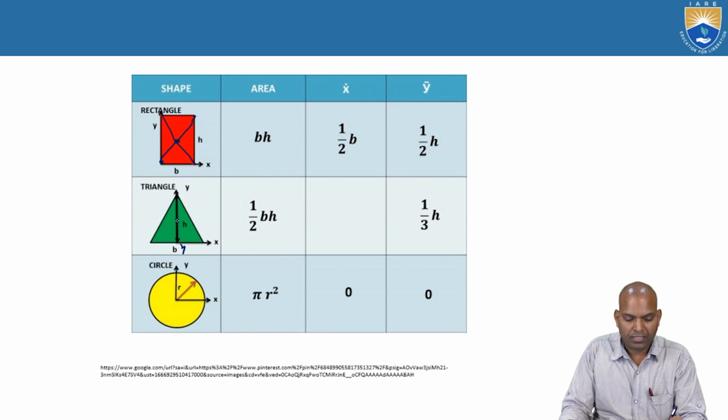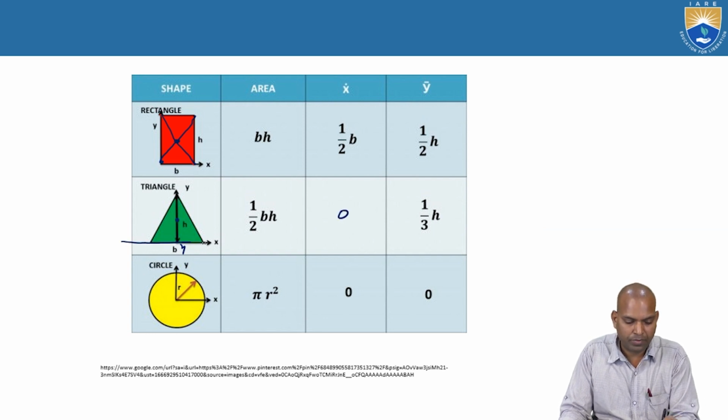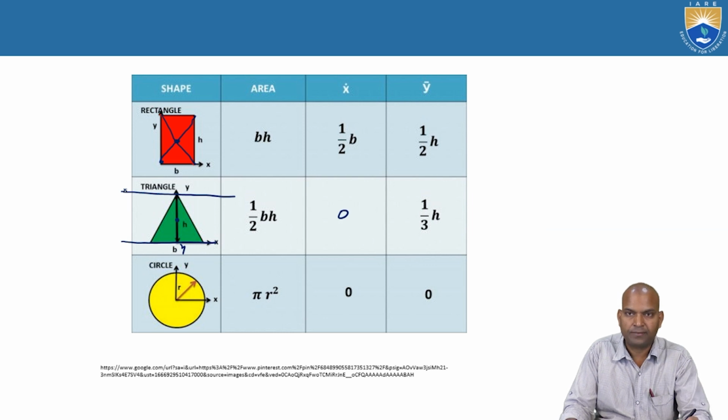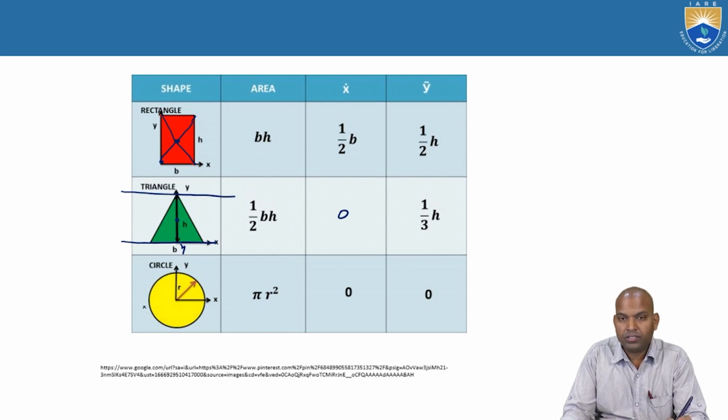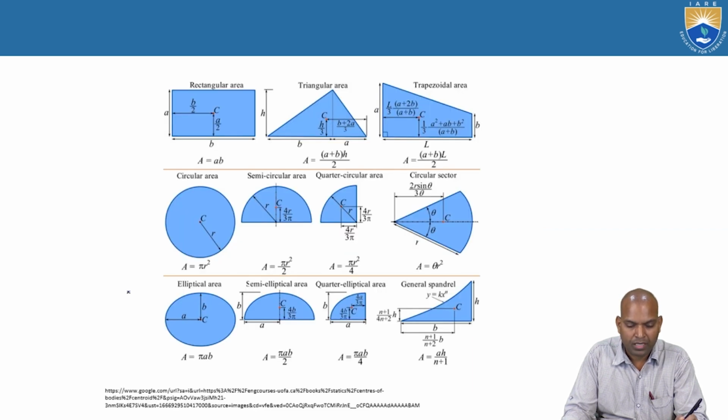So x bar equals 0, whereas y bar is h by 3 from the base, and 2h by 3 if the reference axis is at the apex. In the case of the circle, the reference axes pass through the centroid of the circle, so x bar and y bar are zeros.